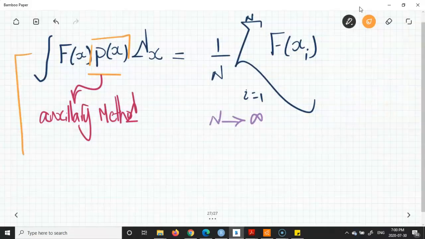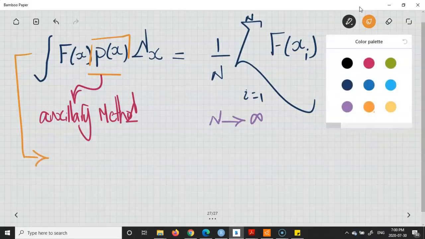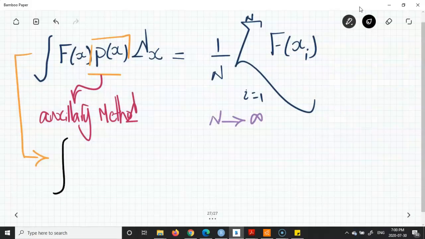Imagine I go back to the same integral I was trying to solve.